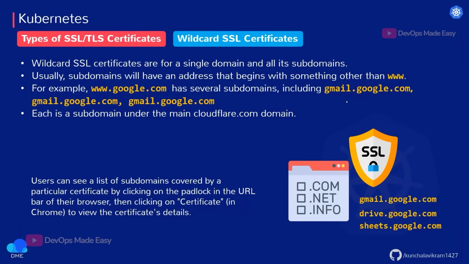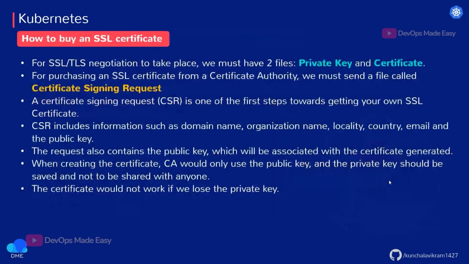Here the certificate is issued to the wildcard, that is asterisk dot google.com, which means this asterisk can replace anything, like gmail, drive, sheets.google.com. A single certificate now will cover all these domains, which means all these domains are covered under the certificate. So you'll get HTTPS communication. Understood, guys? There are other types as well, but we will not talk about them. You can just Google and understand what the other certificate types are.